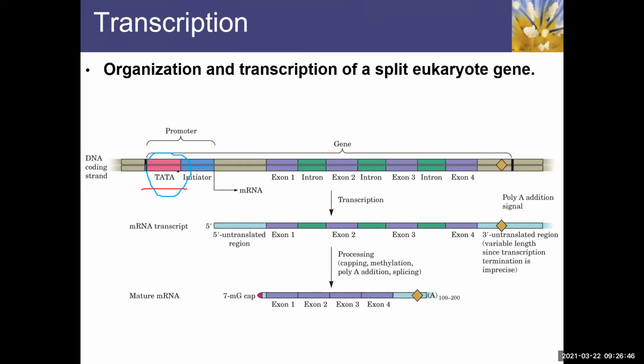In simple language, think that RNA polymerase is blind and it needs a helper, and that helper is your transcription factor. We also call transcription factors DNA binding proteins because they bind to the DNA.